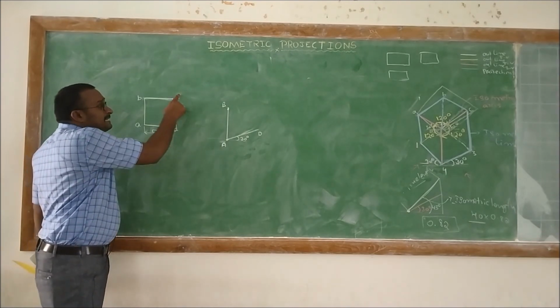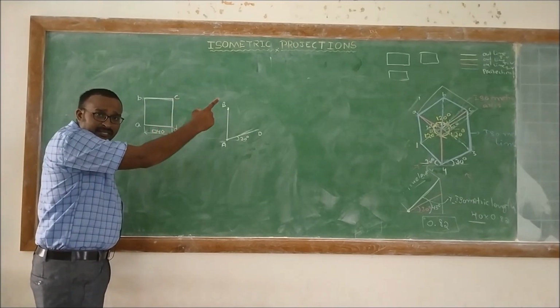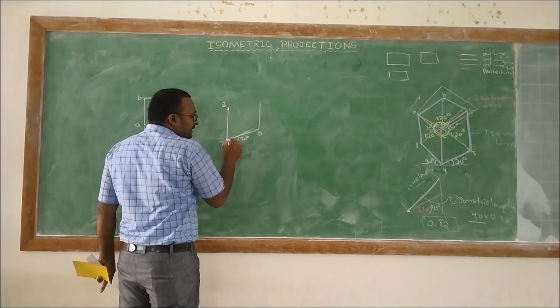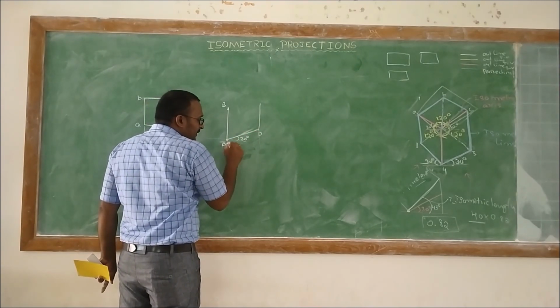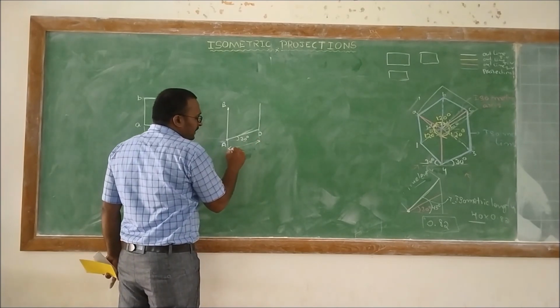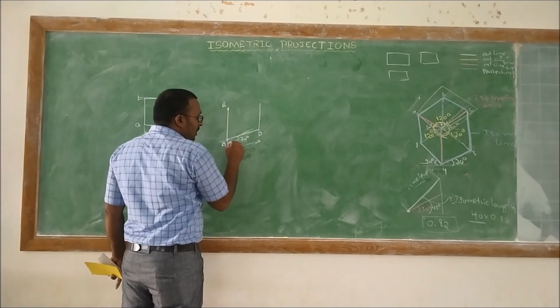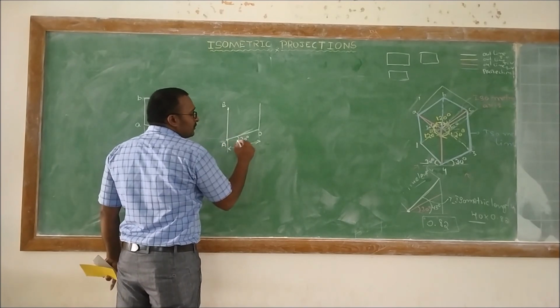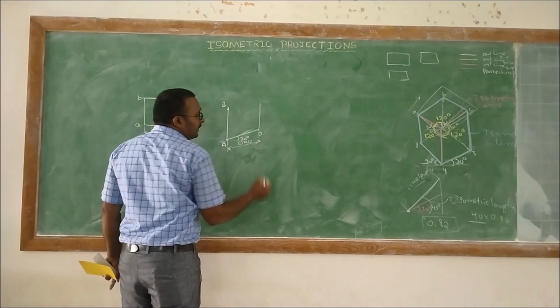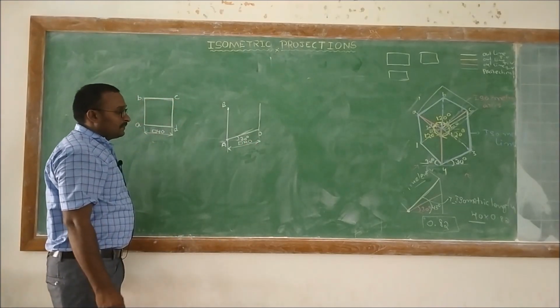Then DC will be the vertical line, so here we will have a vertical line, and this length should be 40. Please remember that the dimension line is also drawn in isometric view, a square 40. Right?